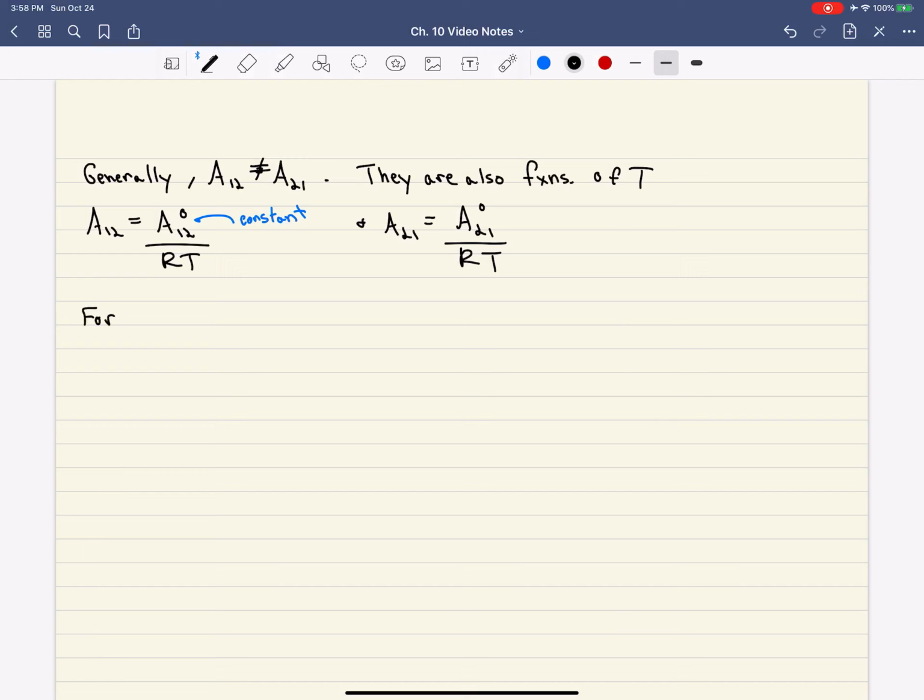But there are some systems where there's just one parameter.